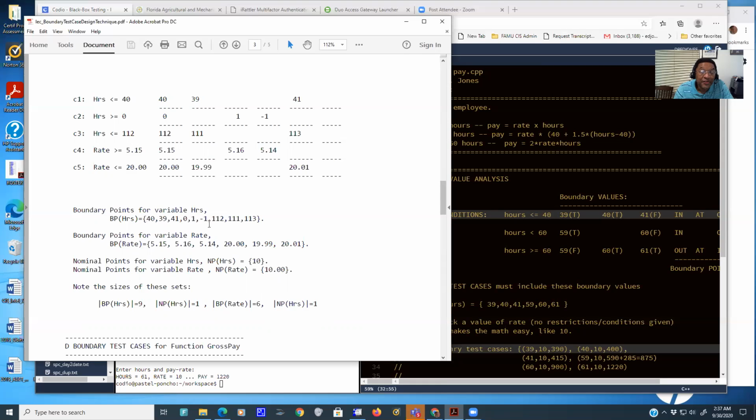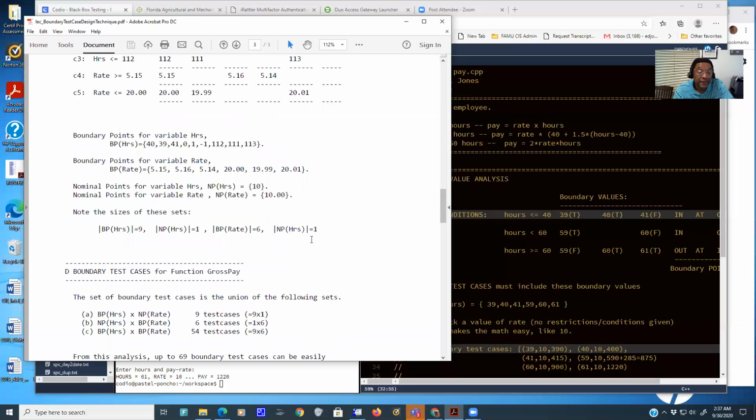You have test cases for each one of these, plus test cases for each one of these. So the total number of test cases is just the number of boundary values for each variable. In this case, we have 9 and 6, so I have 15 boundary test cases.